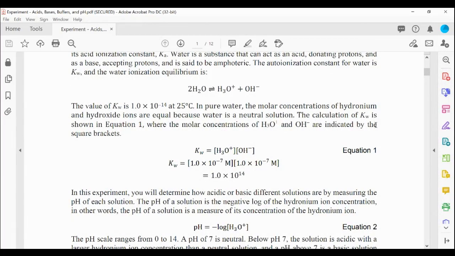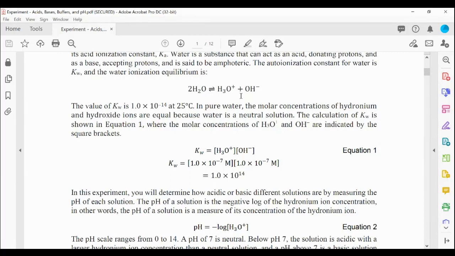And what happens with weak acids? Weak acids only dissociate partially, and the reaction is reversible. As you see, the water, H2O, dissociates into hydronium ion, which is equivalent to an H plus, because H plus doesn't exist by itself.